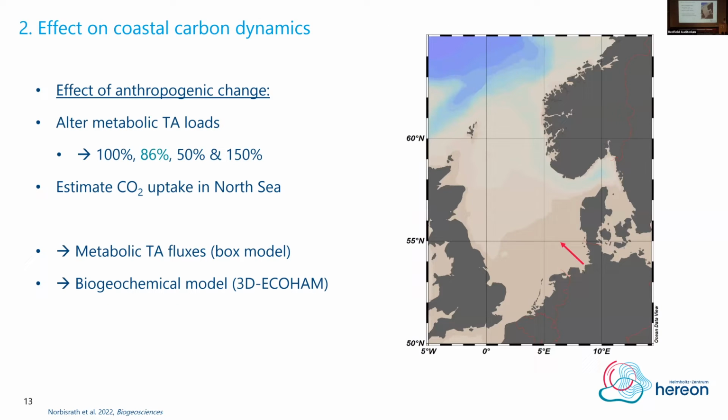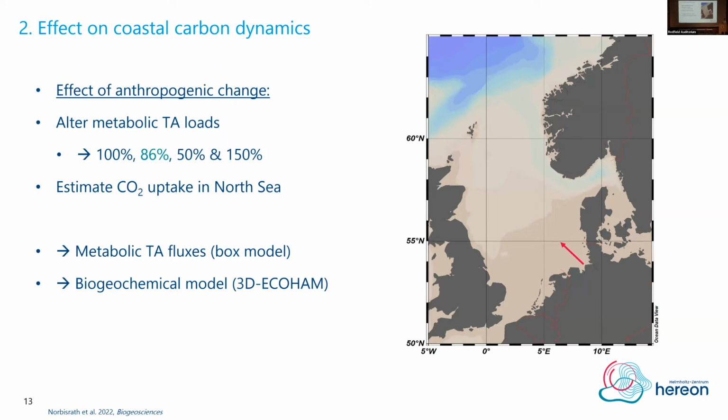When we now take the results of the box model approach in order to investigate the effect of anthropogenic changes on the coastal ocean, we used the metabolic fluxes from the box model, and we also used a biogeochemical model approach, the 3D EcoHam model, to see if a change in metabolic loads would also change the CO2 uptake in the North Sea.